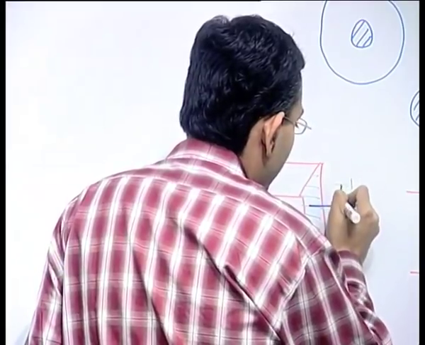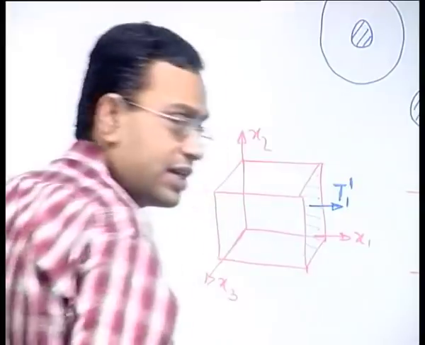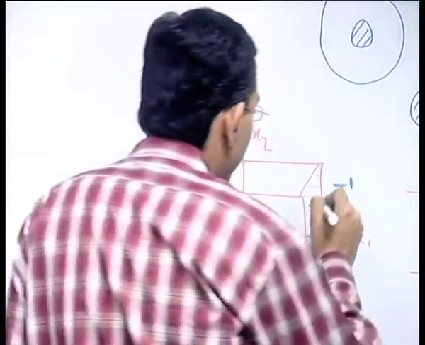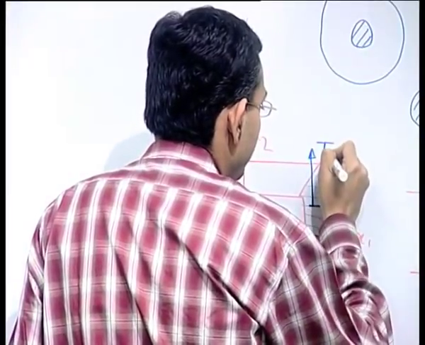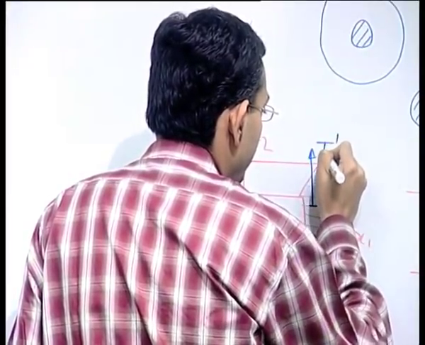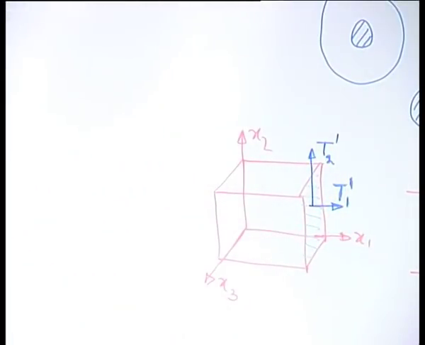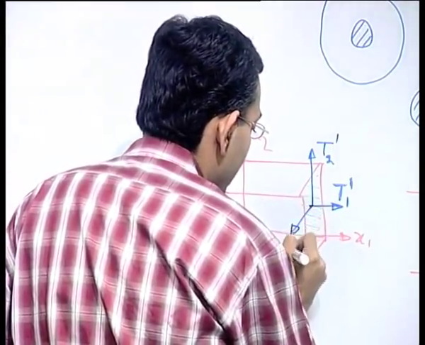So this we call as T with subscript 1, right. Similarly, this we call as T with subscript 2 and this as subscript 3.